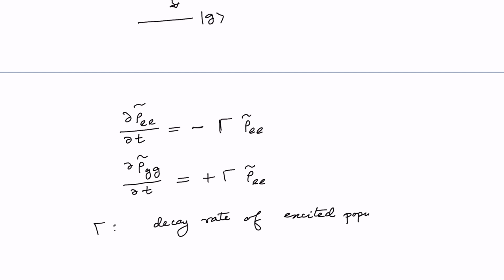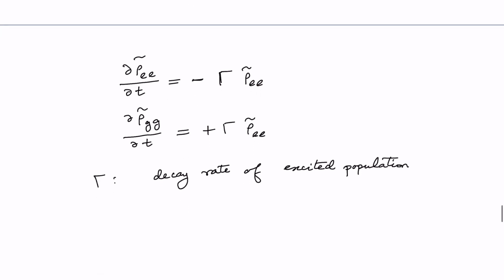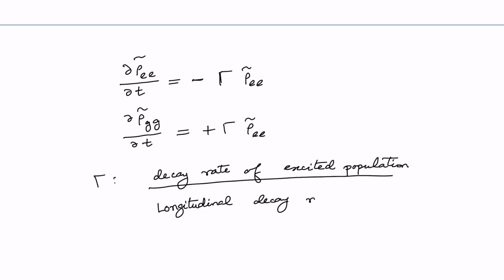Sometimes this gamma is also known as the longitudinal decay rate. I will not go into the details of why it is called longitudinal decay rate. Maybe sometime in a later class, I will discuss it.